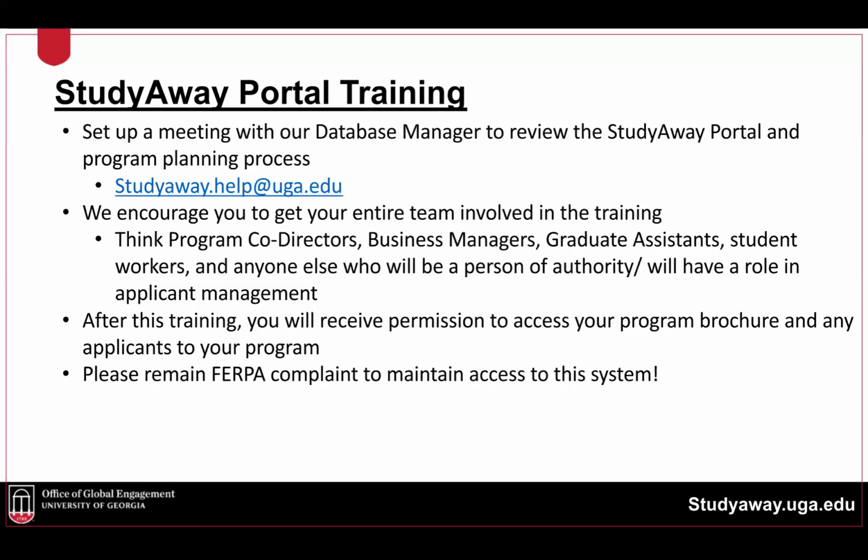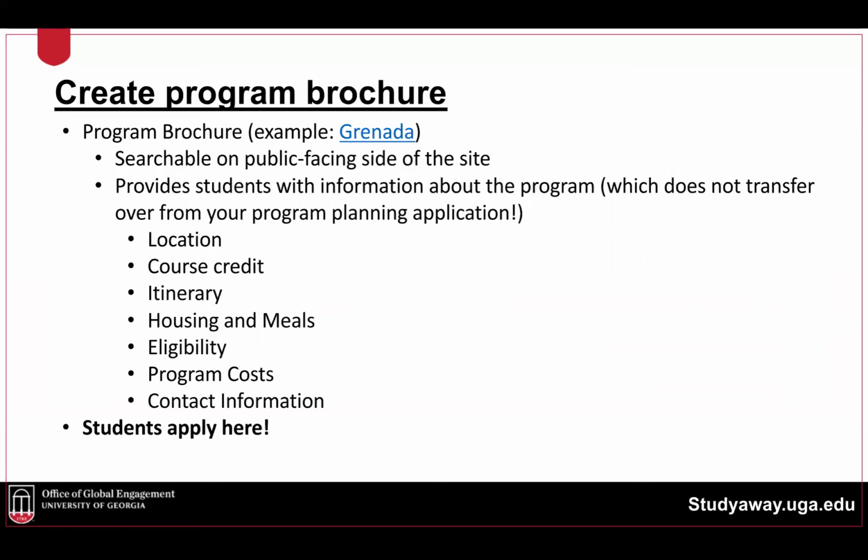So something that I just mentioned that I'd like to get into a little bit more detail is the program brochure. This is something that you will not gain access to until you get that StudyWay training. A program brochure is basically the official page for your program. It is searchable by anybody with access to the internet, and it's on the public-facing side of the website.